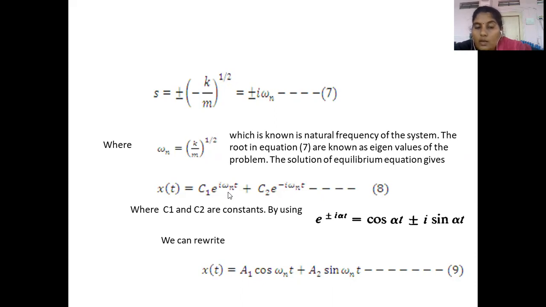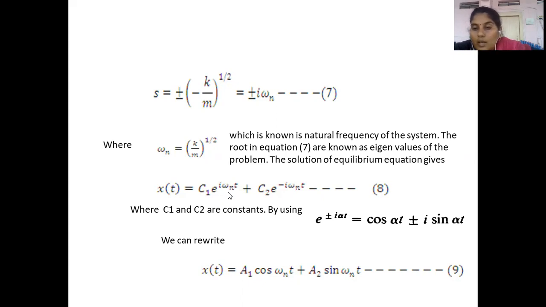Putting this in equation number 8, we get c1 into e raised to i omega n t plus c2 into e raised to minus i omega n t. Now we will move towards the next one.